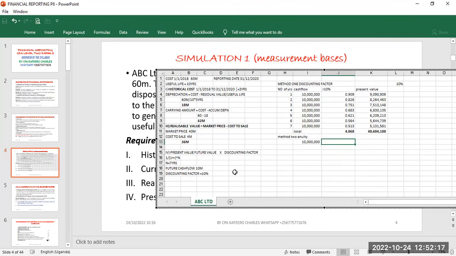We say the annuity formula is 1 minus, let me just put it in Excel.